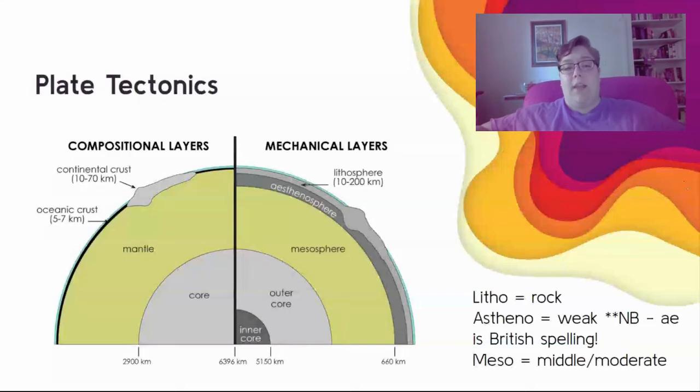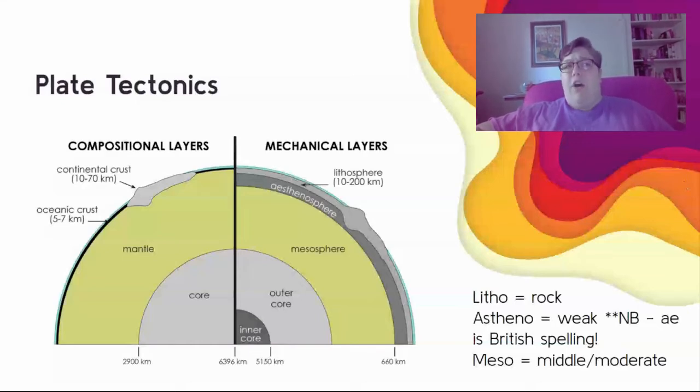So in the mechanical layers, that outermost solid layer we call the lithosphere. And then the next layer down we call the asthenosphere. Now, these names make sense if you look at the meanings of those prefixes.